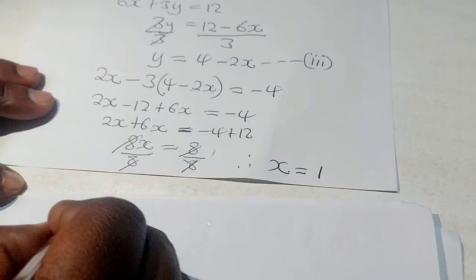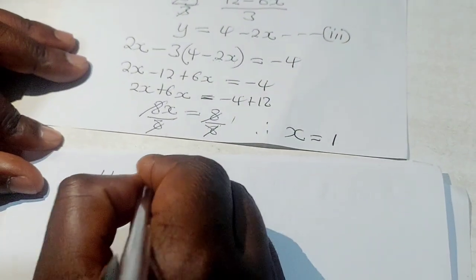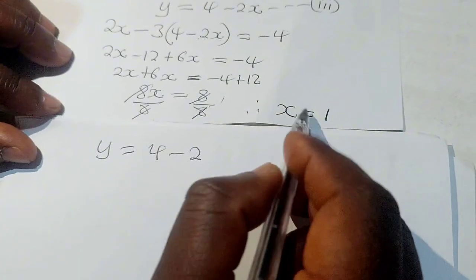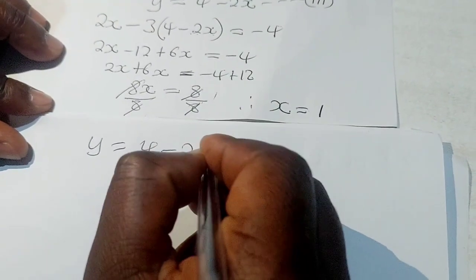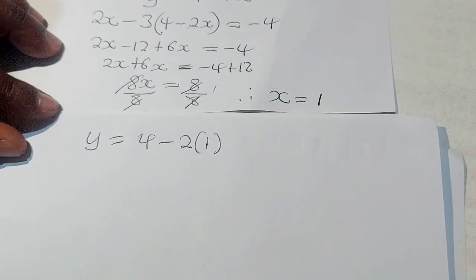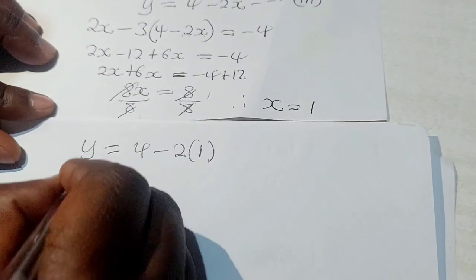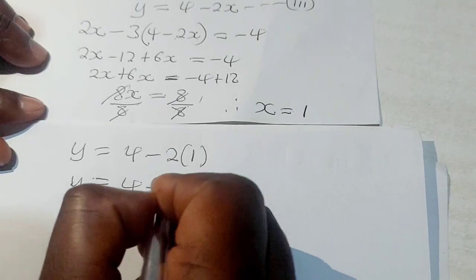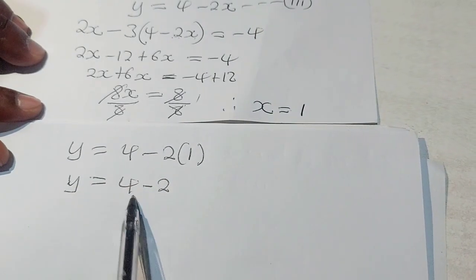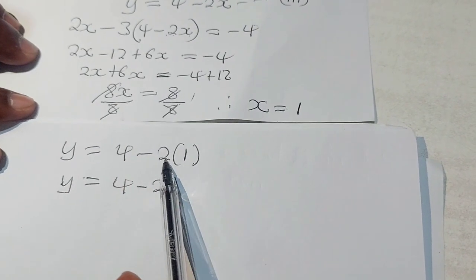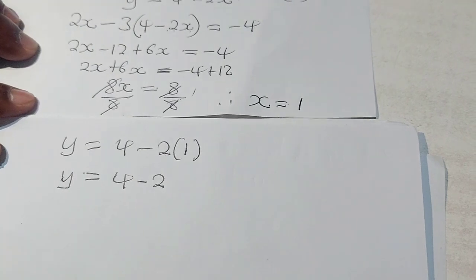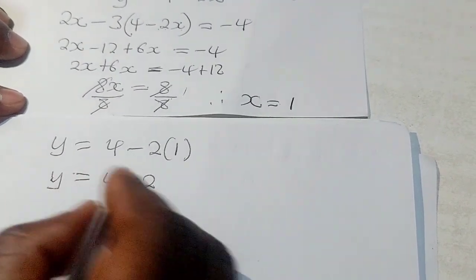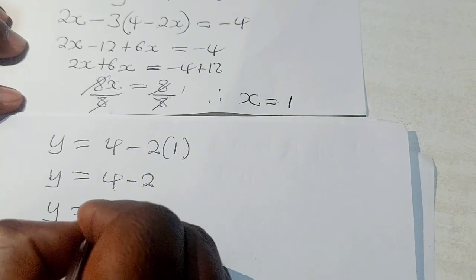So it will be y equals 4 minus 2, and the value of x, which is 1, I'll substitute here. So it will be 4 minus 2, since 1 multiplied by 2, the answer is 2. So 4 minus 2, then I'll get positive 2.